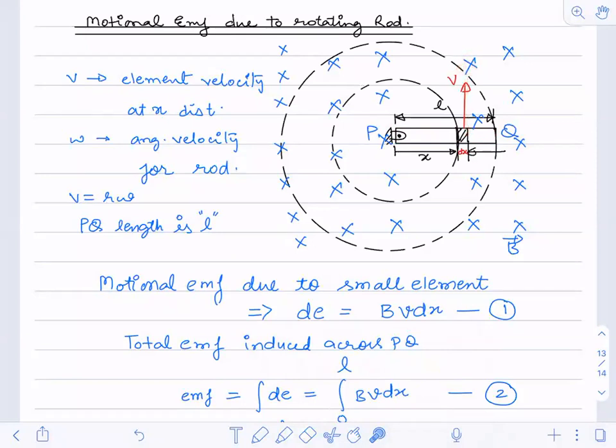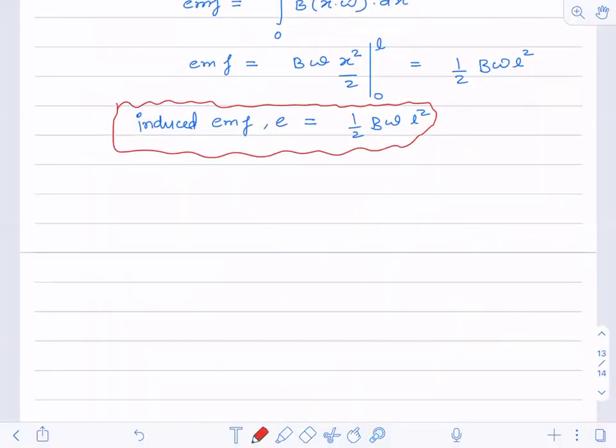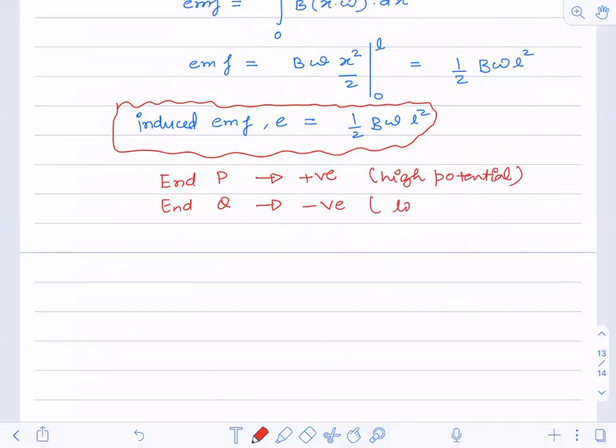Then you will see that your palm faces towards P. So you will find that end P is positively charged, or high potential, and the end Q is negative, or low potential.